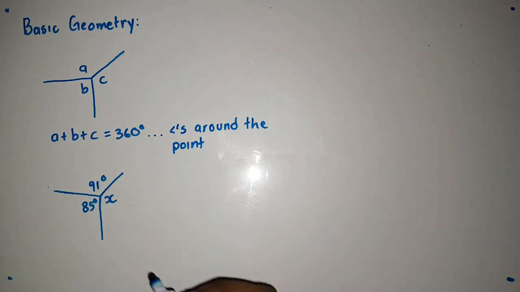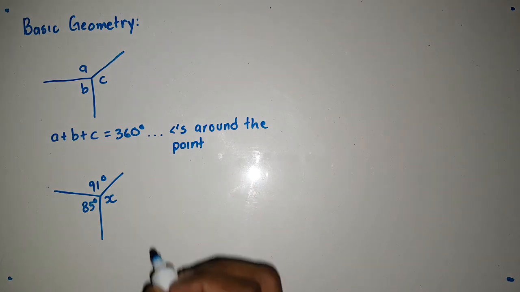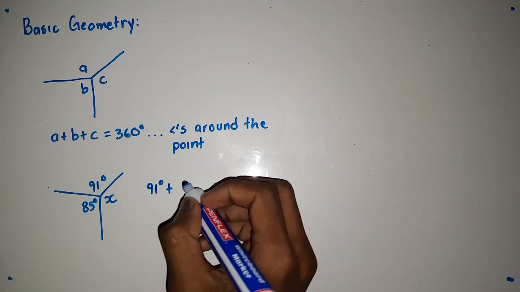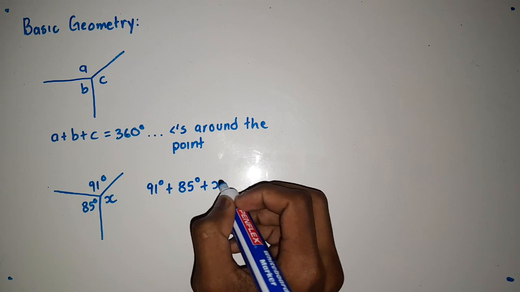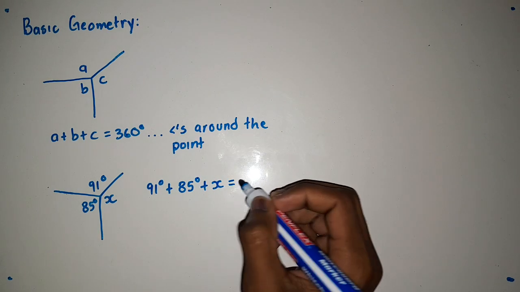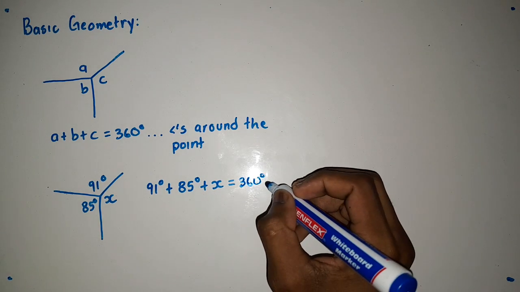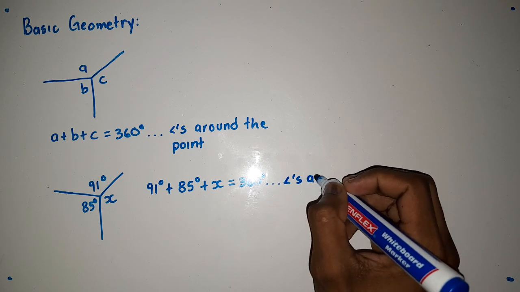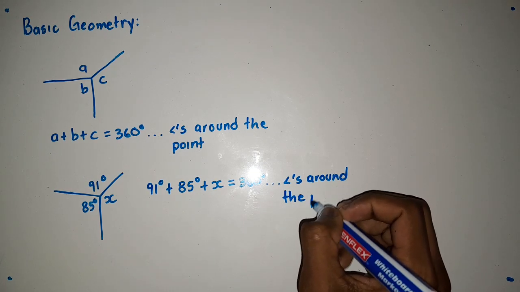So simple. You just need to say that we have 91 degrees plus 85 degrees plus x is equal to 360 degrees. Why? We have angles around the point.